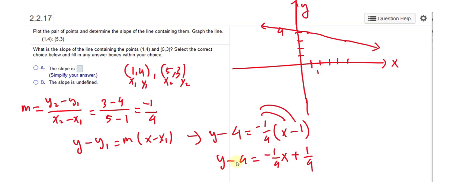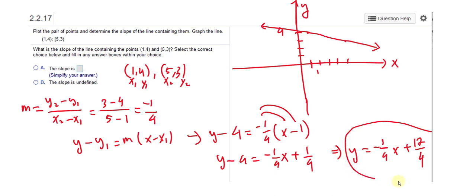Now you need to solve for y, so you add 4 on both sides. You get minus 1 over 4 x plus 1 over 4 on the right-hand side, and adding 4, I get 17 over 4. So this is the equation of the line.